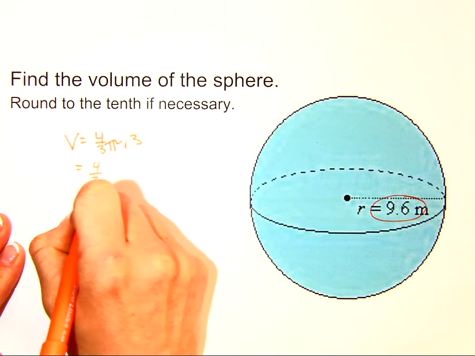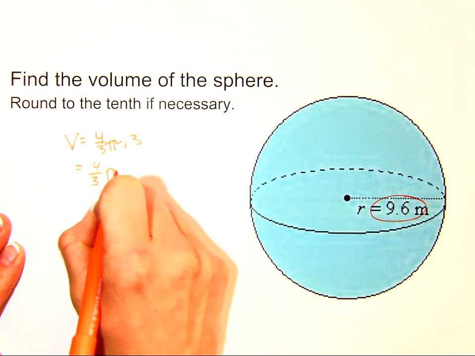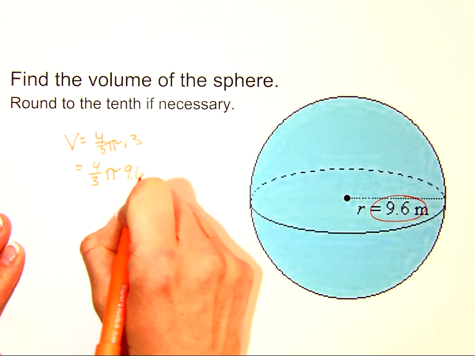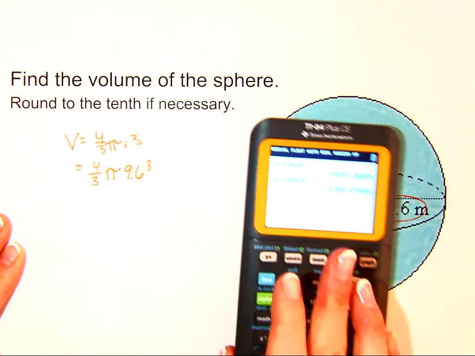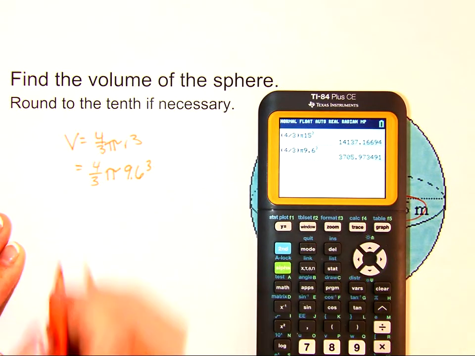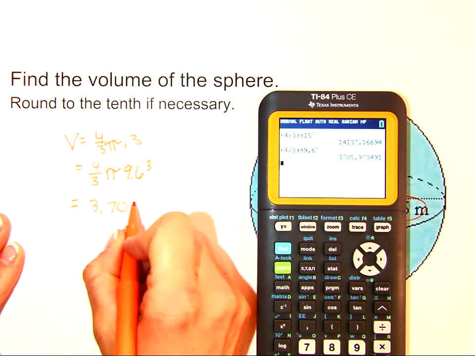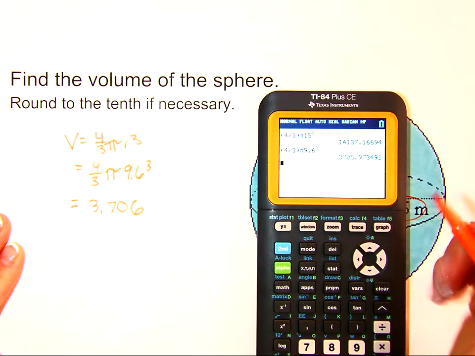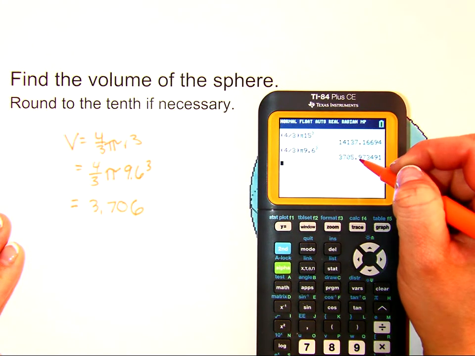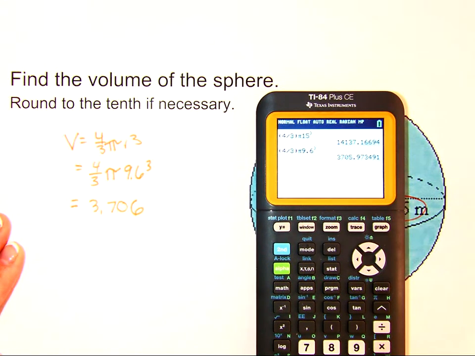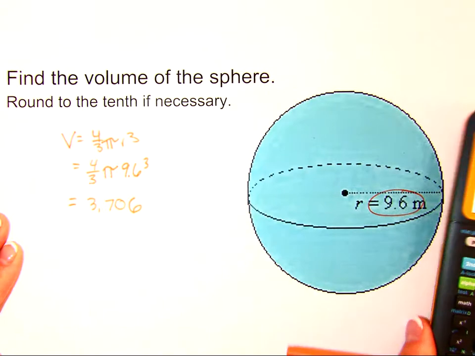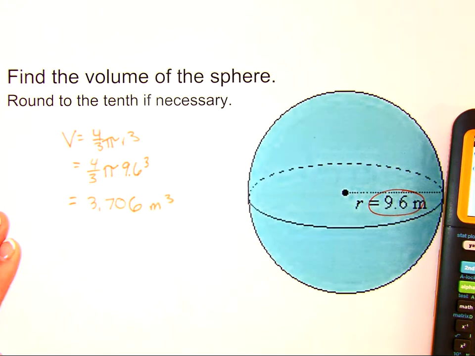So in our calculator we are going to type in 4/3 pi times 9.6 cubed. You can see I've already done that here. That gives us 3,706. So that 7 wants to round the 9 up to a 10, which makes the 5 a 6. Again, this is in cubic meters.